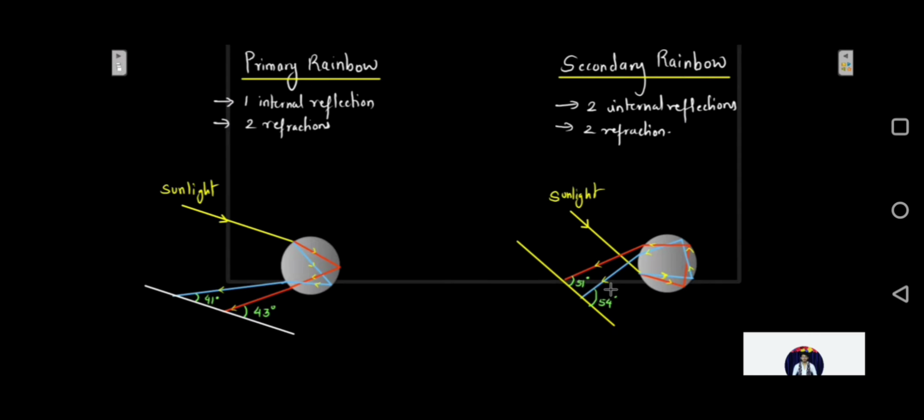So the inner red ray emerges from the water drop at an angle of 51 degrees, and the outer violet ray is going to emerge out at an angle of 54 degrees. Now let us see how an observer sees this rainbow, how the ray of light reaches our eye and we see that wonderful arc.